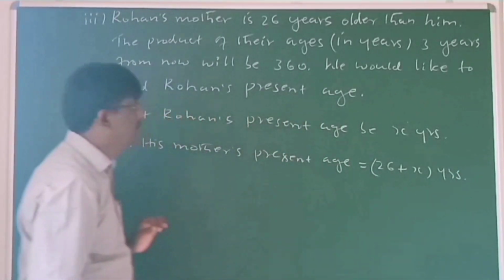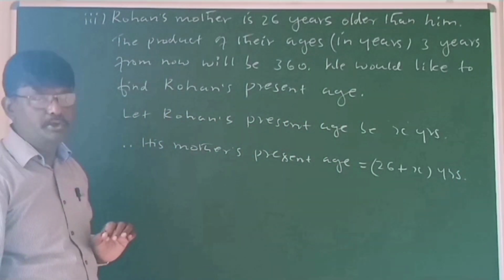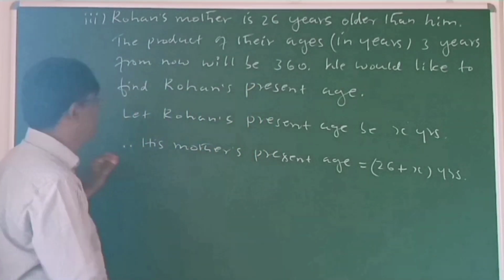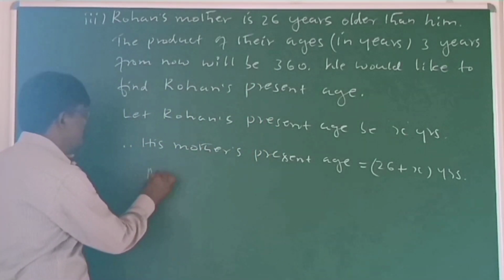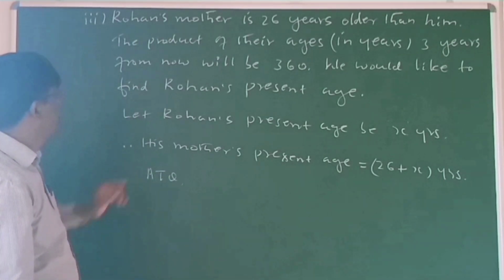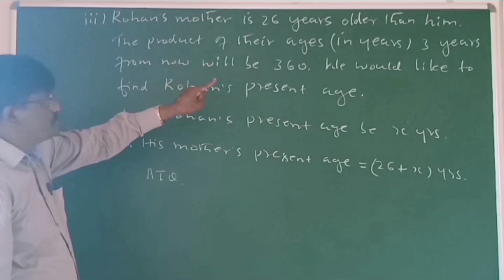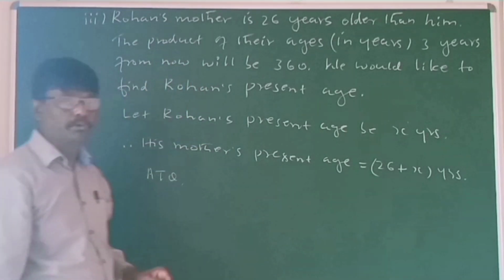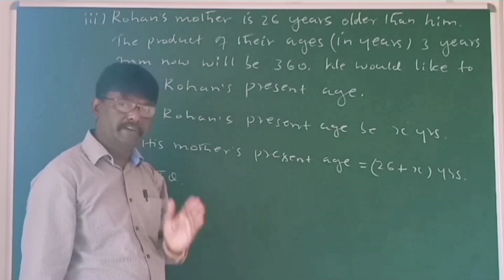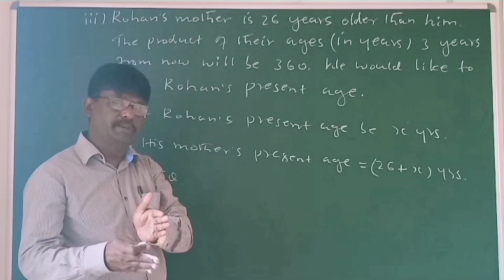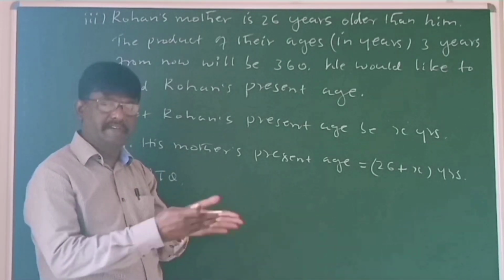Okay, children. Next, we need to represent this in the form of an equation. For that, let us take the given condition in a simple way. ATQ, what does the question say? The product of their ages 3 years from now. Now Rohan's present age is x. 3 years from now his age will be 3 more, means x plus 3.